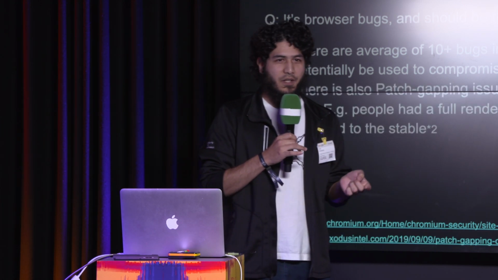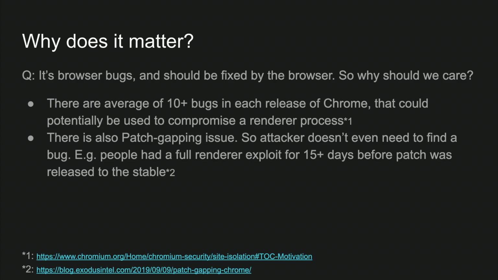On top of that, people actually don't need to find a bug. There's a thing called patch gapping, because Chrome is open source. Whenever they commit a patch, people can see it, right? So you monitor the commits, check the bug ID, and try to access the bug ID. If it's restricted, it's a security issue.